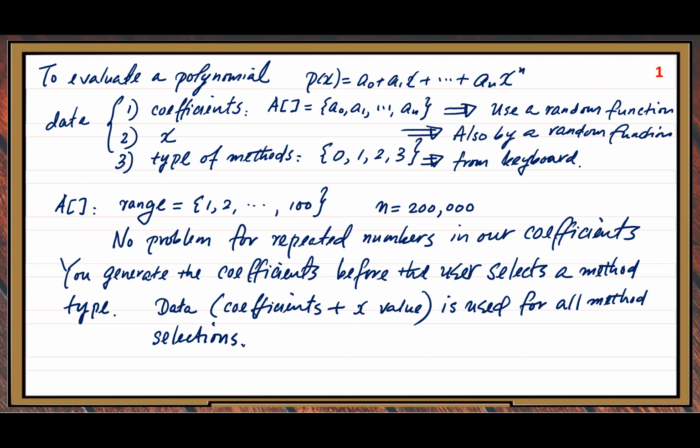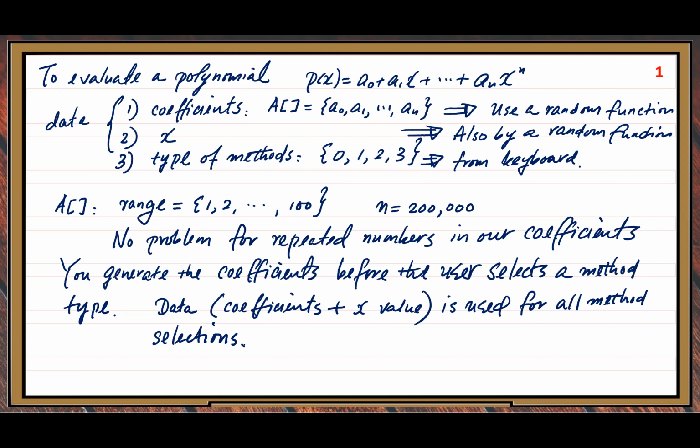Yeah, because after that, the situation is like this. When you run the program first, before you ask anything from your users, you generate the data first, the coefficients and the X value.